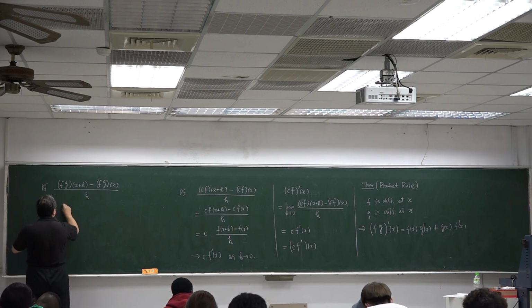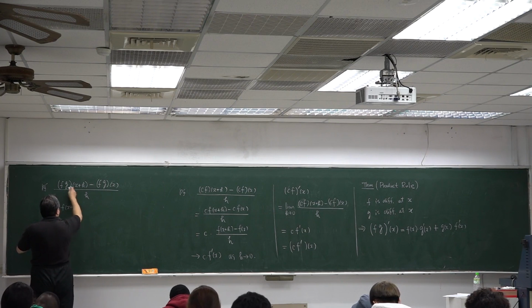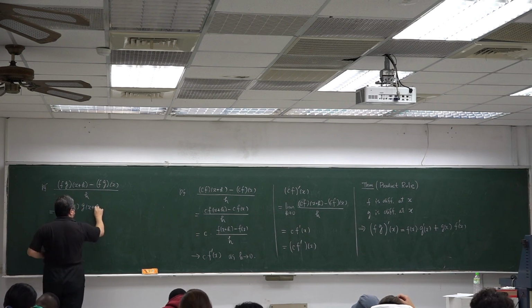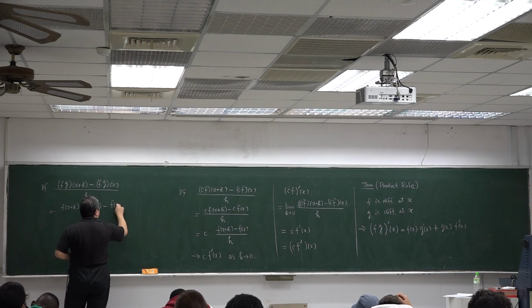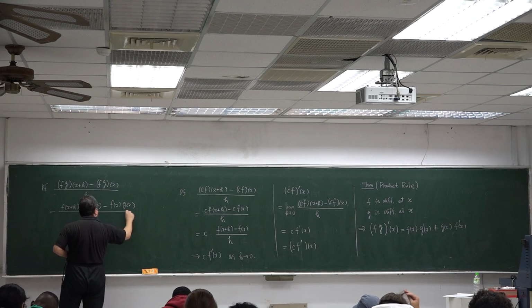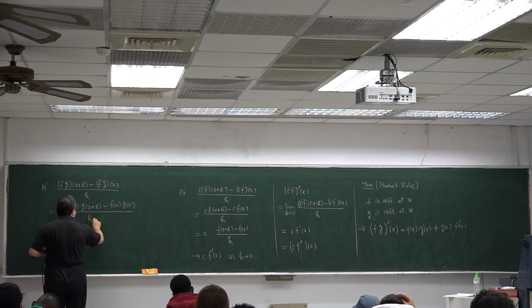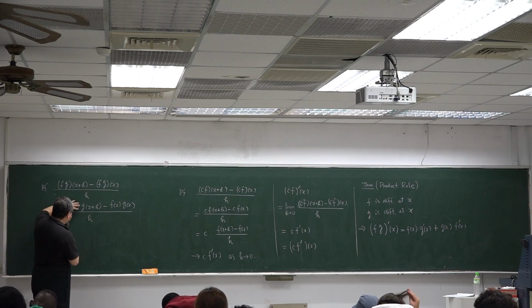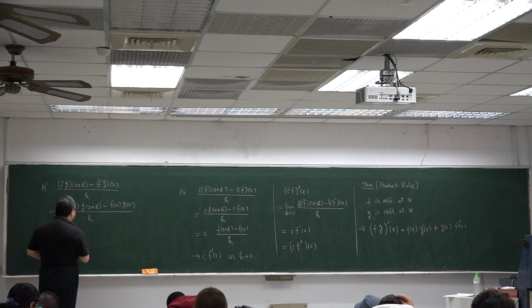By definition of this, having the product of two functions, this one is almost f of x, almost a constant because of continuity.